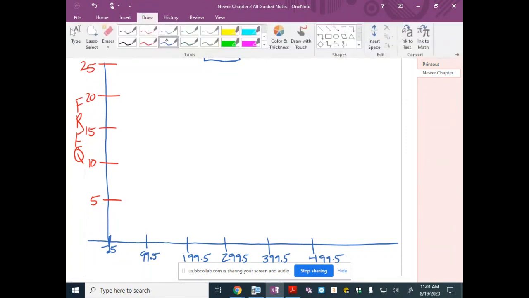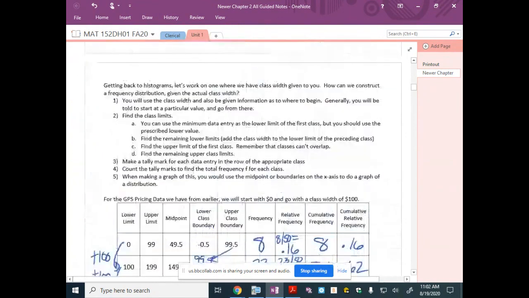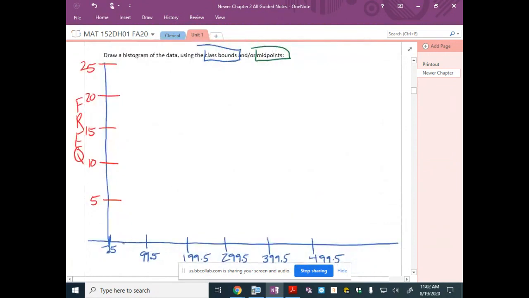Now, again, I prefer using class bounds, but if you wanted to use the midpoints, you could do that. The first midpoint would be 49.5, then 149.5, 249.5, 349.5, and 449.5.